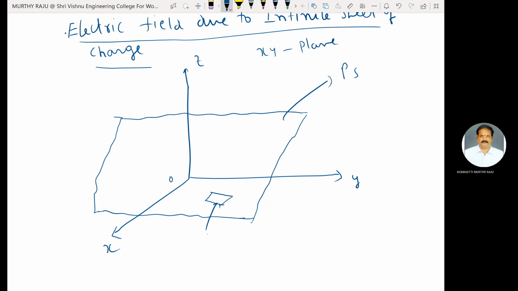This one is ds. The point here, we need to find the electric field intensity at point P due to a small element ds on this charge sheet.